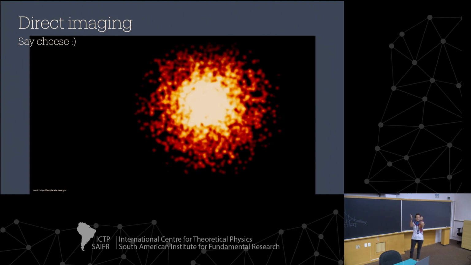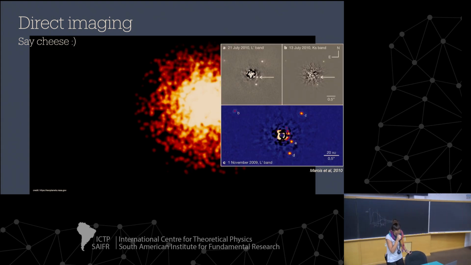It also depends on the kind of mask that you're using. It's called the inner working angle. It is a parameter that tells you how far away you need to go. The mask is going to allow you to see exoplanets beyond the inner working angle. Okay? So direct imaging exoplanets have to be on wide orbits.